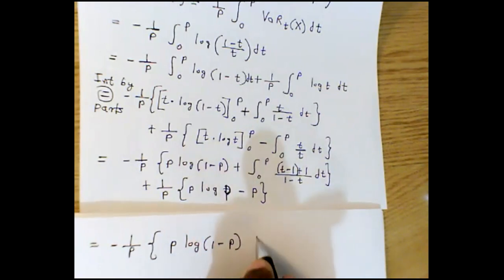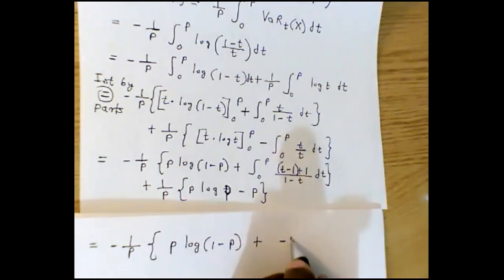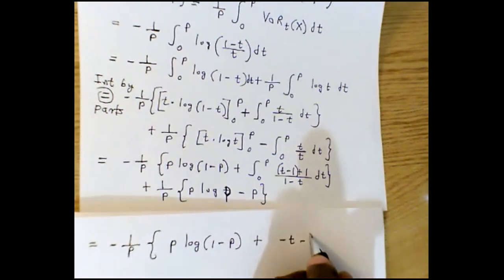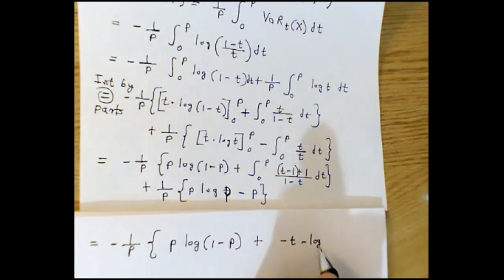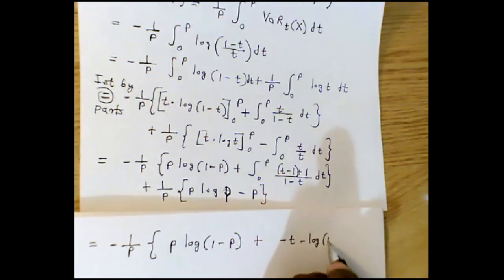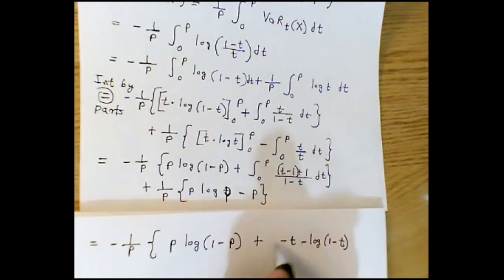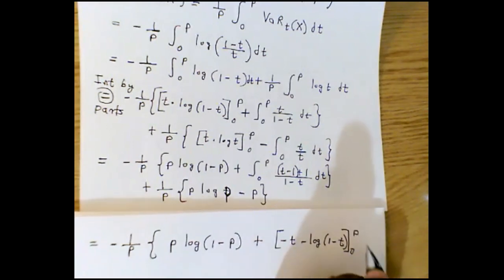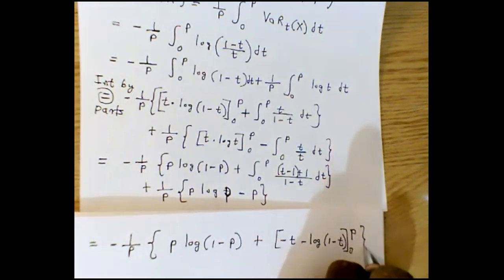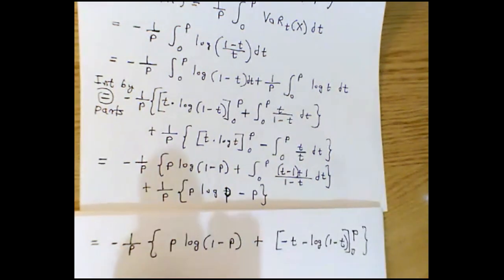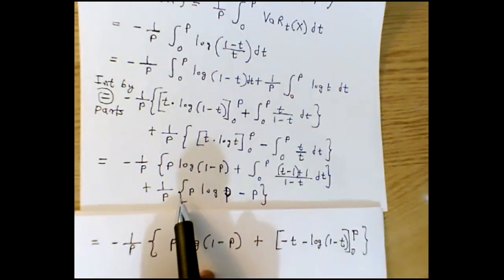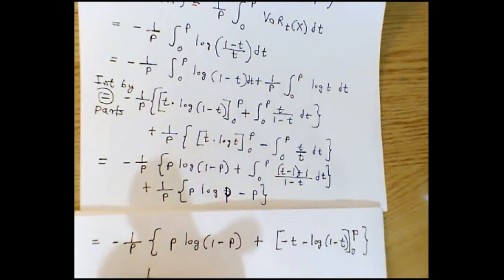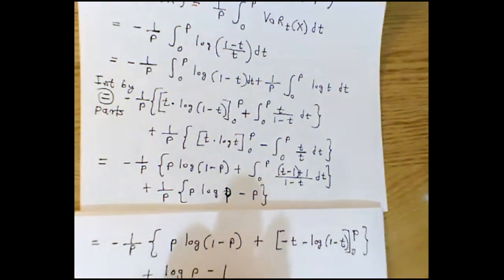So if you do the integral, you get, correct me if I'm wrong again, minus t minus log of 1 minus t. All right, and then take the limits 0 to p. Okay, this is for the first term. And the second term, you can divide through by p, so you get log p minus 1.